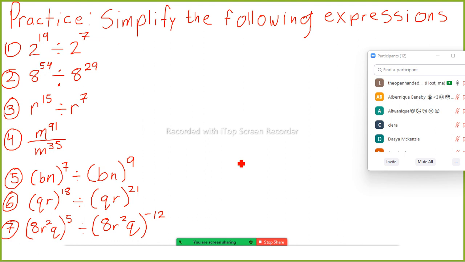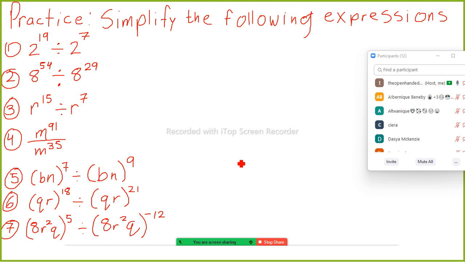The time has definitely begun. You have those moments to attack these questions. 2 to the power of 19 divided by 2 to the power of 7. 8 to the power of 54 divided by 8 to the power of 29. R to the power of 15 divided by R to the power of 7. M to the power of 91 divided by M to the power of 35.